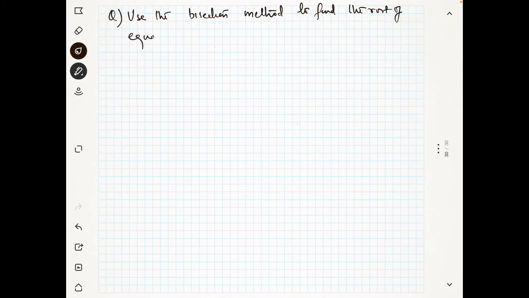Use the bisection method to find the root of the equation x cube minus 4x minus 8.95 equal to 0, accurate to 3 decimal places.